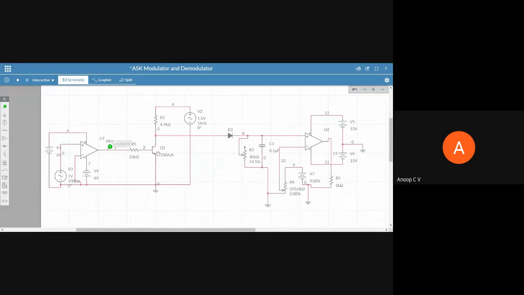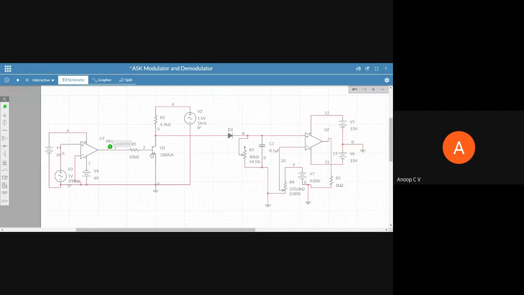As it is a PNP transistor, whenever we have a positive voltage here, it will be off, and whenever we have a negative half cycle here, this transistor will be on. Whenever this transistor is on, you can assume it as connected to ground, when in saturation, and no carrier will be available here at the collector.